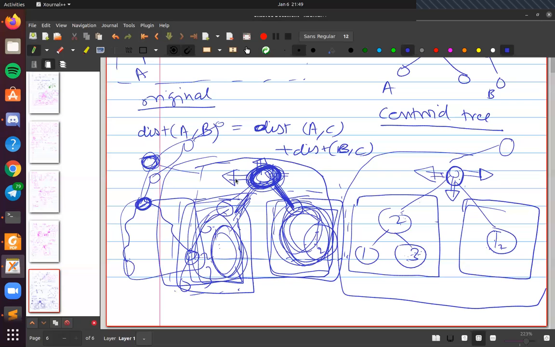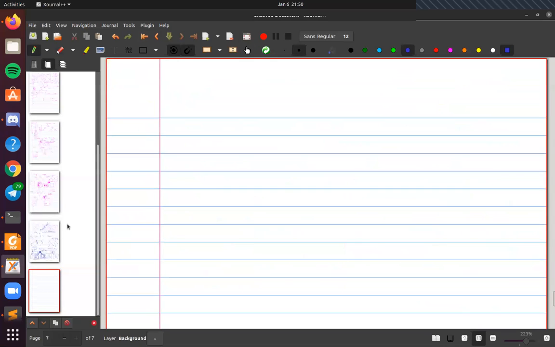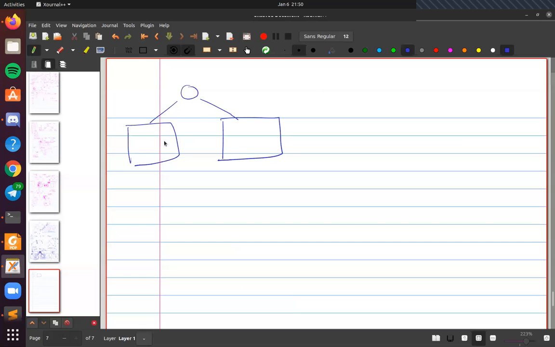Now I have to prove this is present in between. So the first node which disconnects them will be the LCA. This is the definition of LCA, I guess. The first node which disconnects the tree.